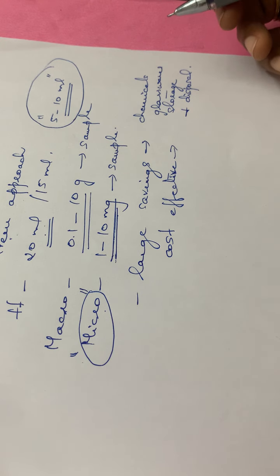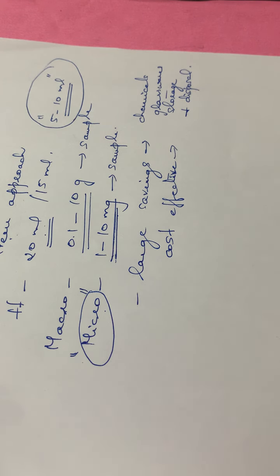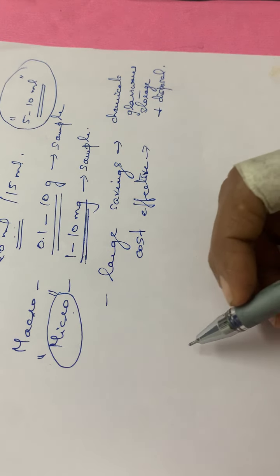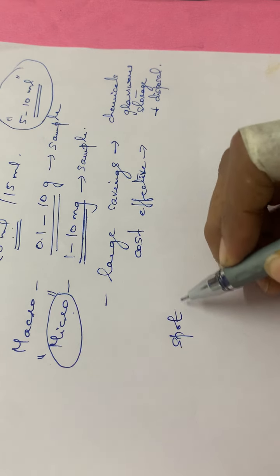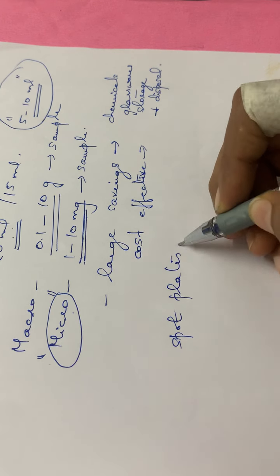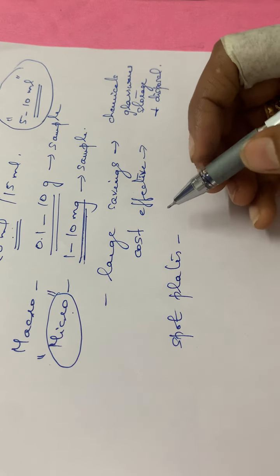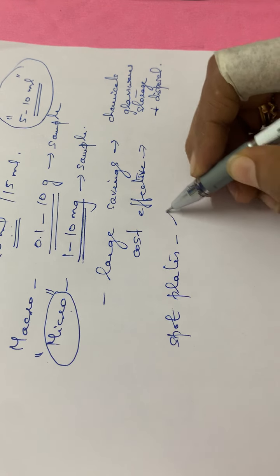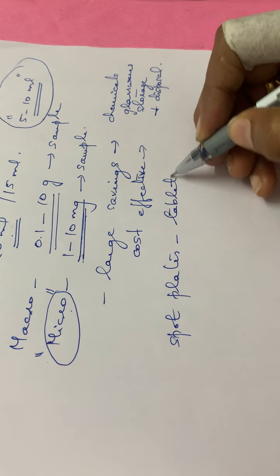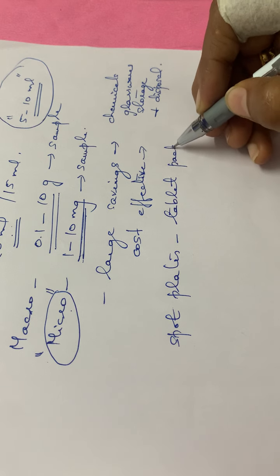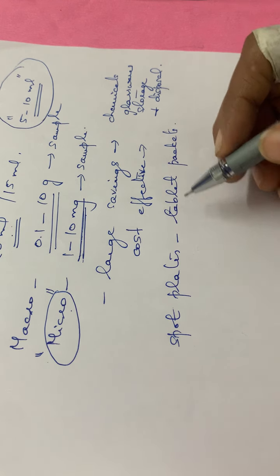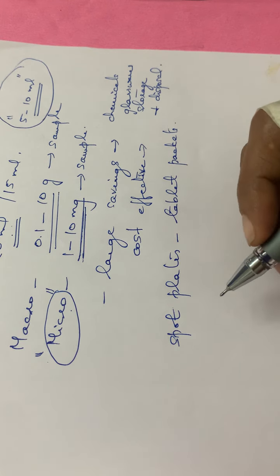Okay, and also in some cases we can use household materials. For example, tablet packets instead of spot plates. We use spot plates in our lab, which are ceramic, and instead of spot plates we can use these tablet packets, that is, the medicinal packets in which tablets come. This is one.